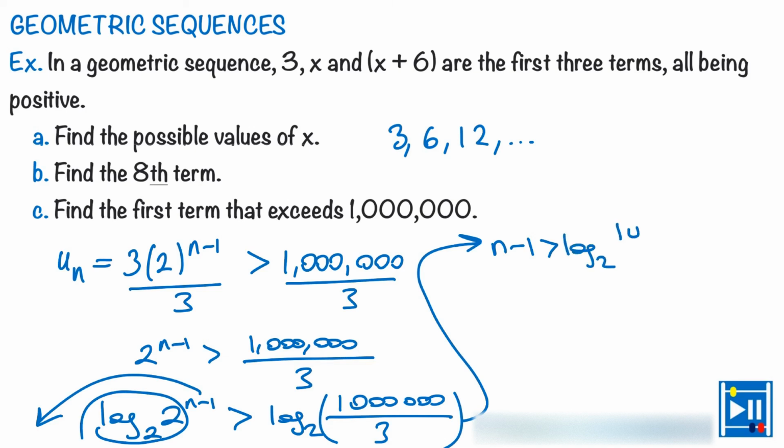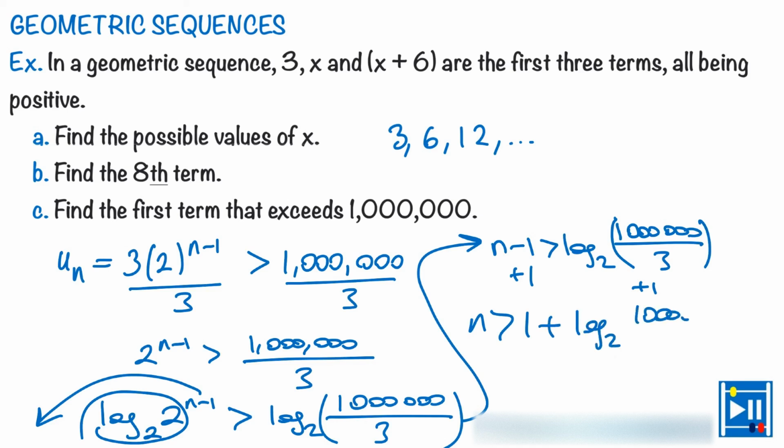Now you see, I don't calculate this until the last minute because I know that it's going to be a decimal. So I'm going to add 1 to both sides. So n will be greater than 1 plus log in base 2 of 1 million over 3.